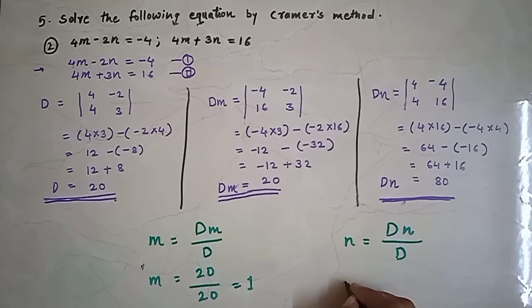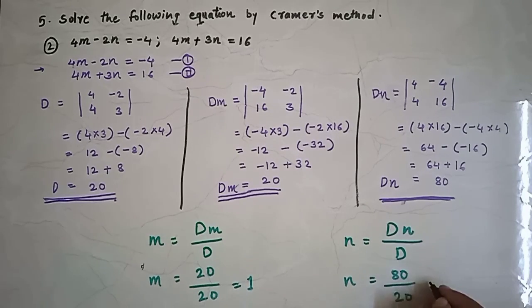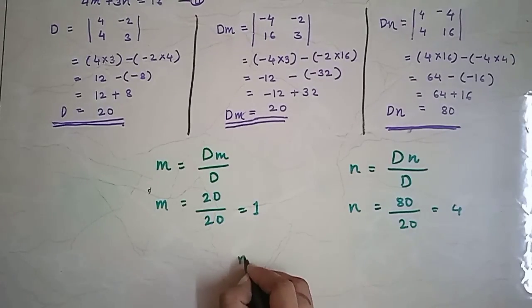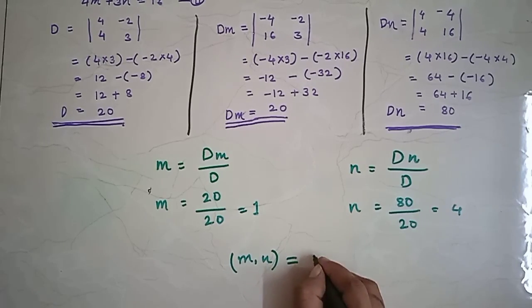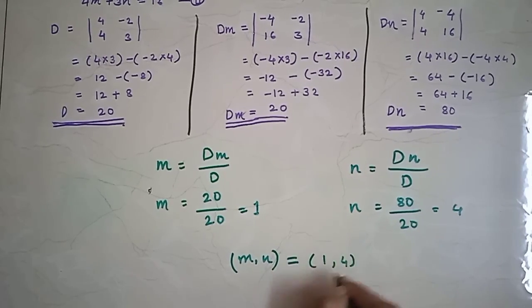Next for n, Dn is 80 and D is 20, so we get the value of n is 4. So we get the values of m and n as 1 and 4. So we can write here m and n is 1 and 4. Okay, got it?